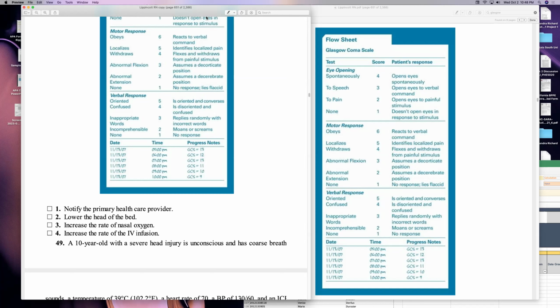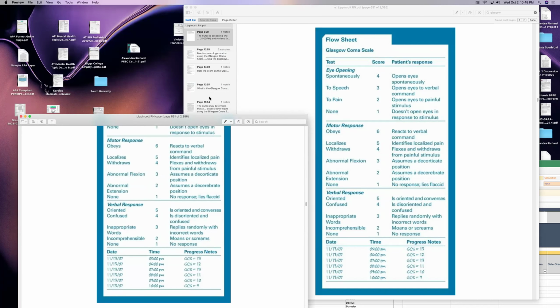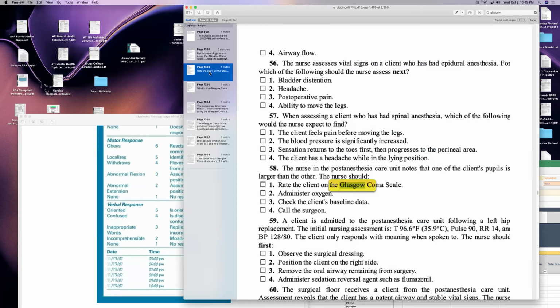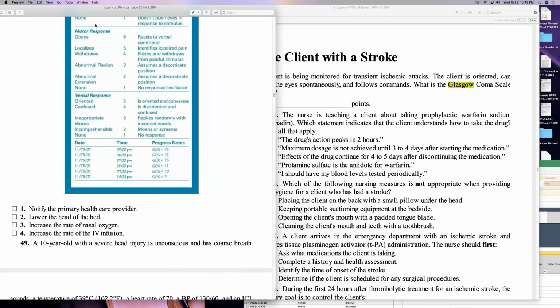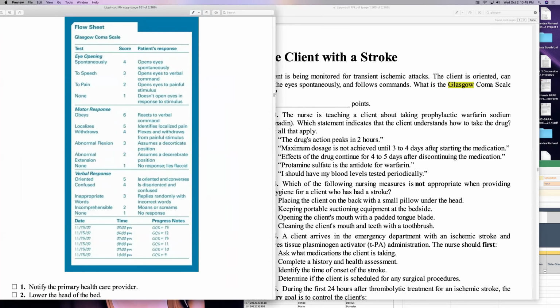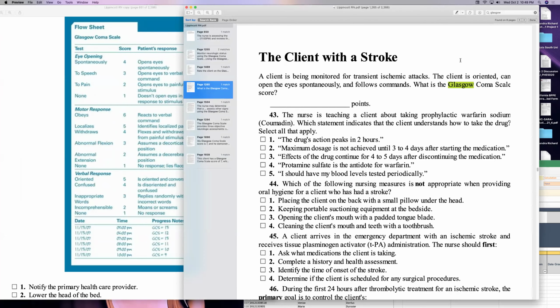All right, so now let's do this for a patient who has come in with a possible TIA, which we're going to learn about next class, which is a mini stroke.